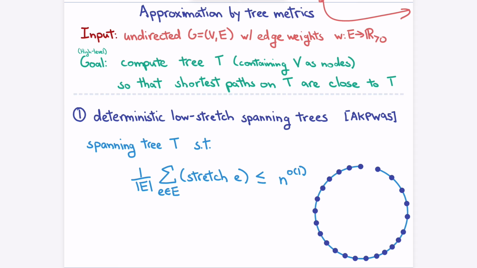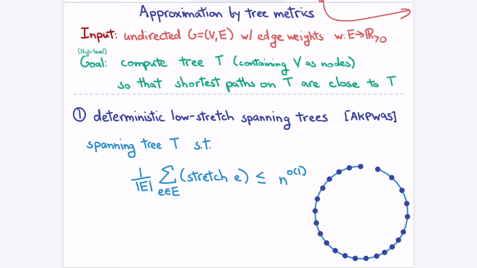All of these edges in the graph actually have stretch 1, and only one of these has stretch n minus 1. So the average stretch here is actually a little less than 2, because that one bad edge gets spread out. So you can actually find a spanning tree.